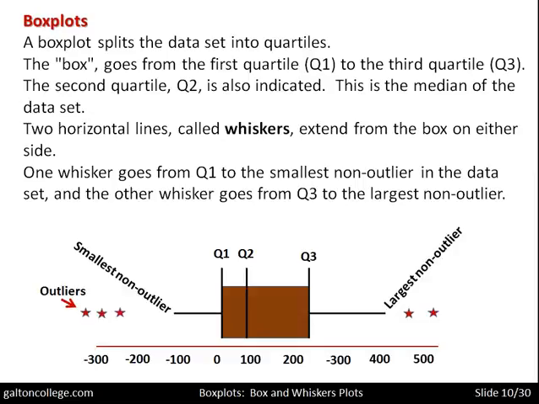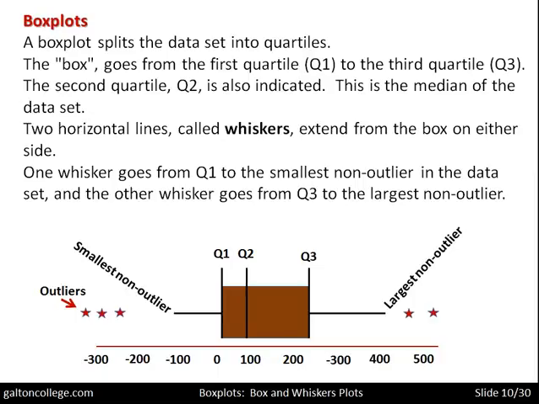So if we look at the picture here, we've got some data. The data ranges from minus 300 to, let's say, 500. Here we're looking at the various representations that we can get within that data. We have outliers indicated by the stars. We have the smallest non-outlier, which is about at minus 100, roughly speaking.